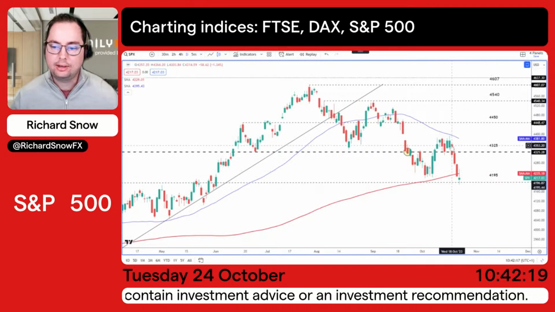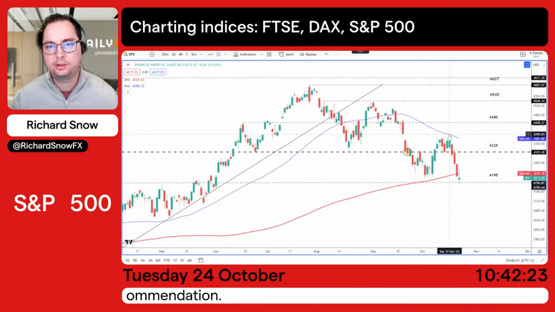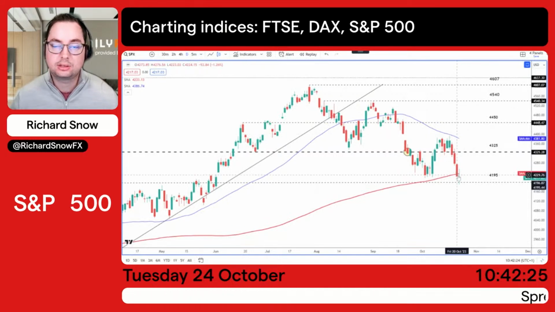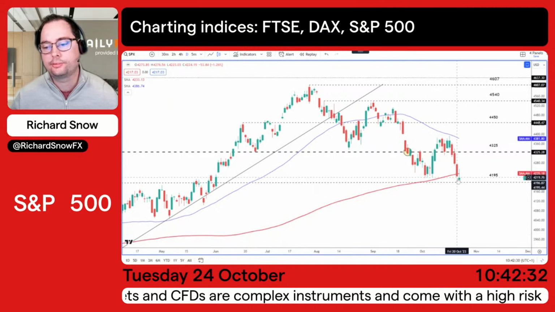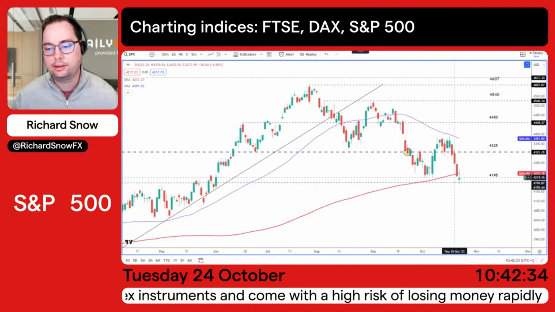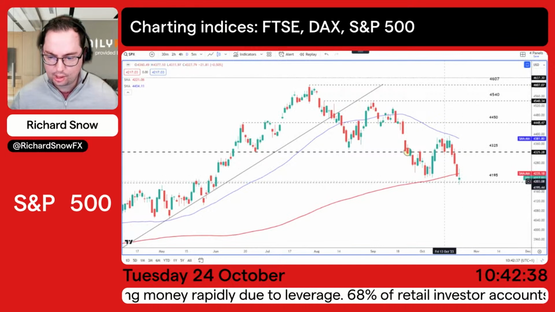So again, seeing that sell-off in the S&P 500, not managing to get above the 50 SMA. And yesterday, quite tellingly, we saw that close beneath the 200 SMA. So that typically is indicative of a turnaround in the trend and potential further bearish selling.